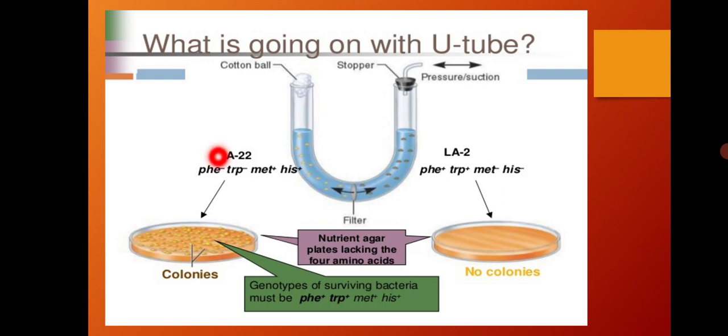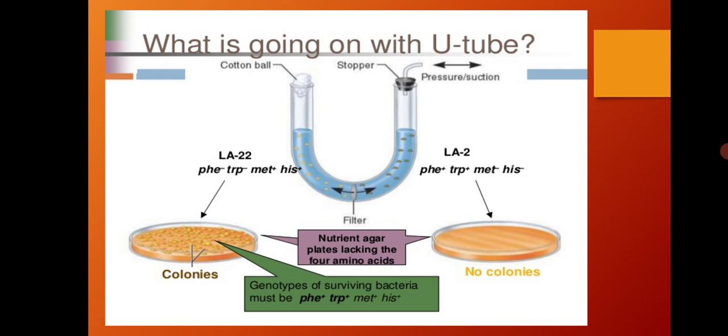This LA22 strain lacks the phenylalanine gene and the tryptophan gene, but it is able to produce the other two amino acids. That is auxotrophic. Prototrophic means they have the genes to produce every amino acid. That is the difference between auxotrophic and prototrophic strains.